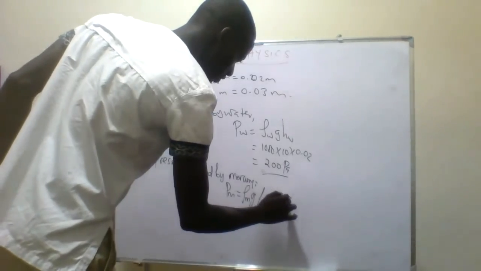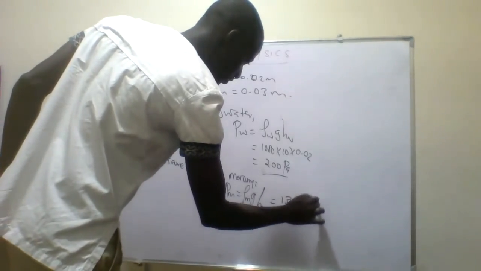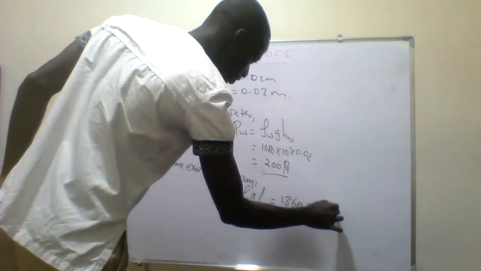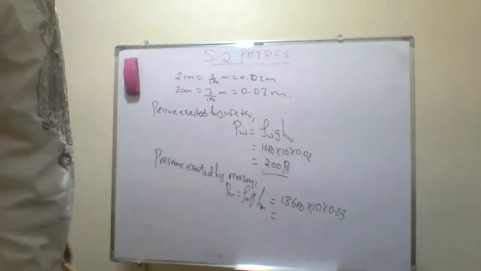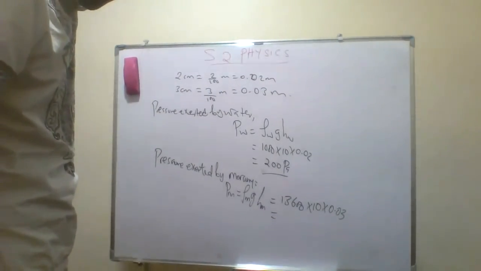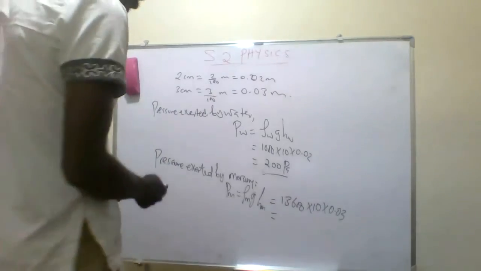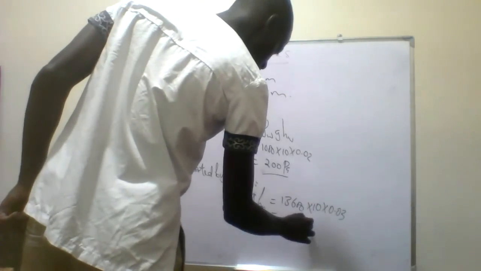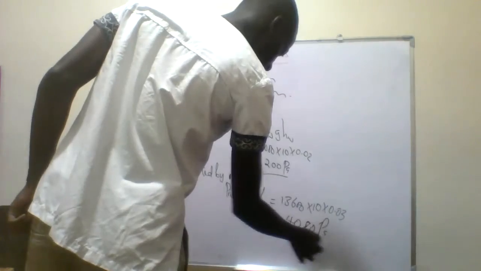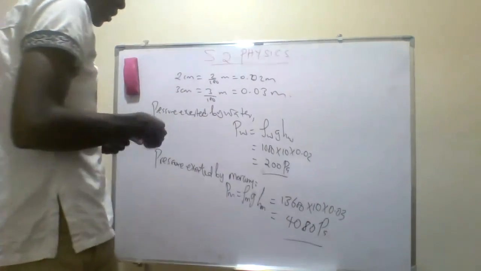The density of mercury is 13,600 times 10 times the height of mercury, 0.03. What do you get there? So it is giving us 4,080 pascals. Those will be the calculators. You can confirm that answer.